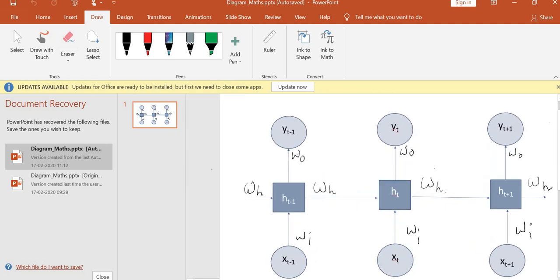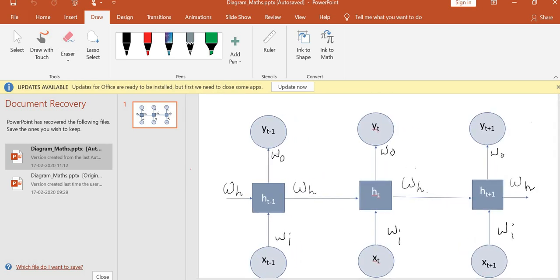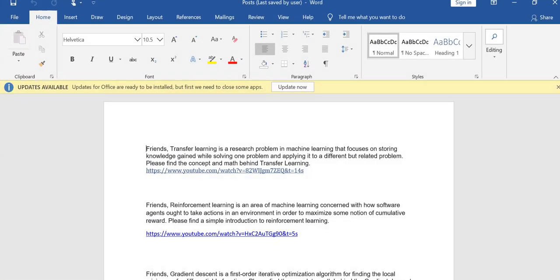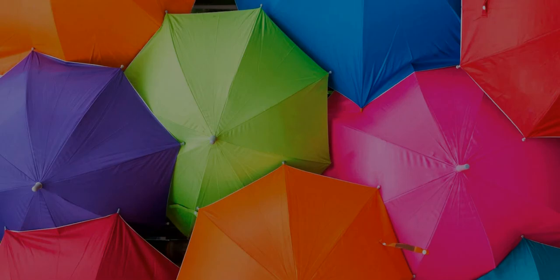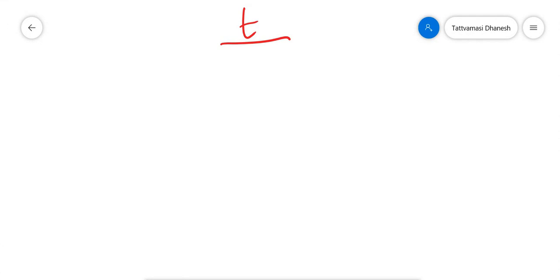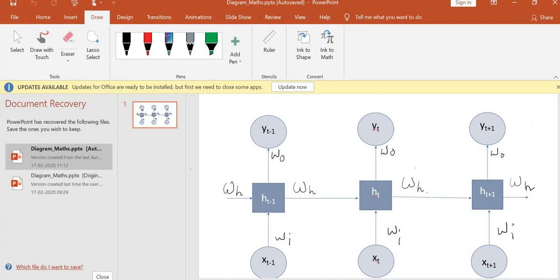See here, what would be the output yt. So I am writing that equation. So for that, yt is equal to, again I am writing, the weighted sum Z. You can see it here in the figure, Z for yt should be W0 into HT plus B0.